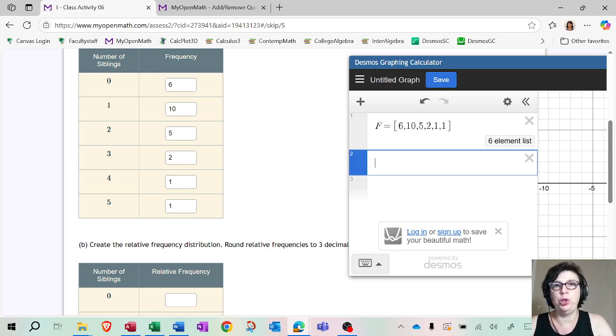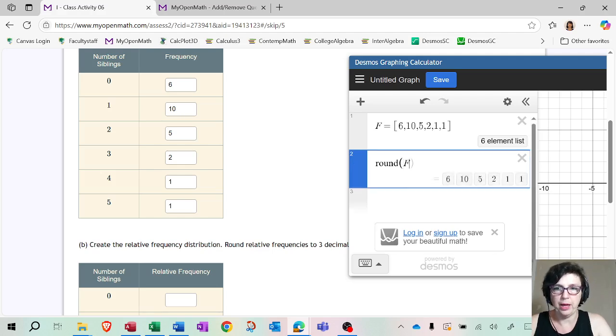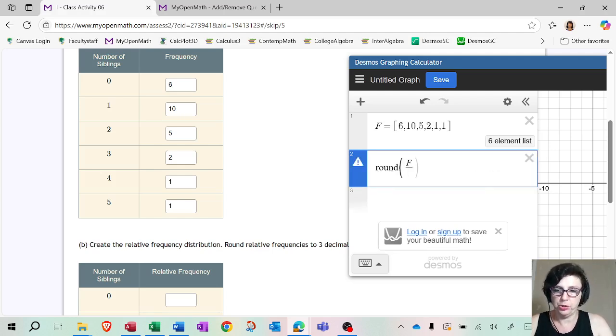Then we want to convert all the frequencies to relative frequencies by dividing by the total frequency. How do we do that? We're going to say round, then capital F, divide. Divide is the slash, which is the same key on your keyboard as the question mark.